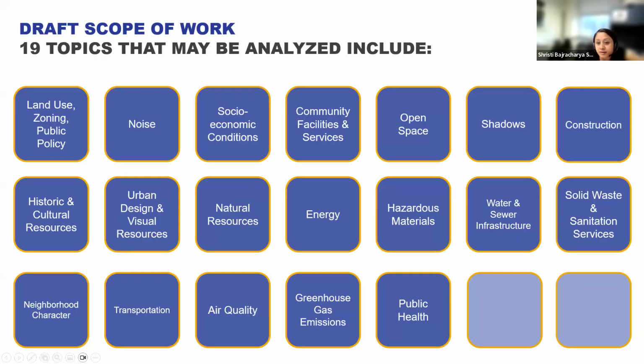The types of comments that we are looking for during the scoping meeting are around these 19 topics. They include topics like transportation, air quality, schools, open space, public health, and many others. So if you think we could be looking at one of these topics in a specific area of Jamaica, scoping is the time to let us know so that we can study it further.